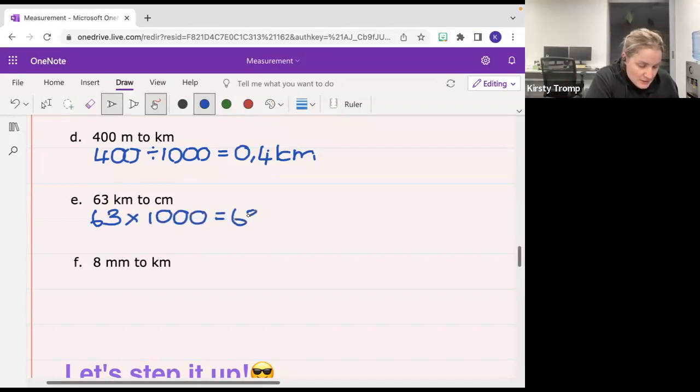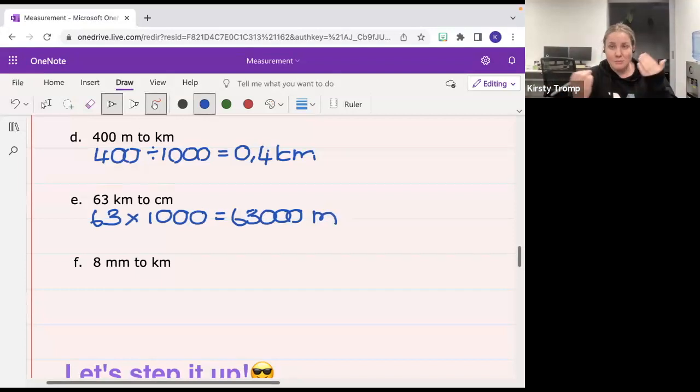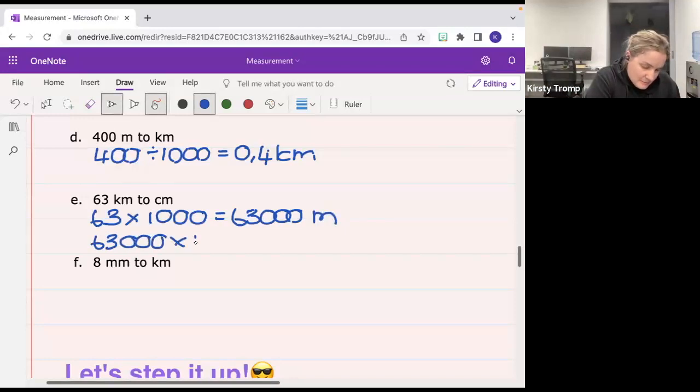That will give me 63,000 meters. Okay, now I've got it in meters. Am I happy now that because it's in meters, I can now convert from meters to centimeters? Yes, because it's on my table. I'm going to say 63,000 times by 100 is going to give me 6,300,000 centimeters.